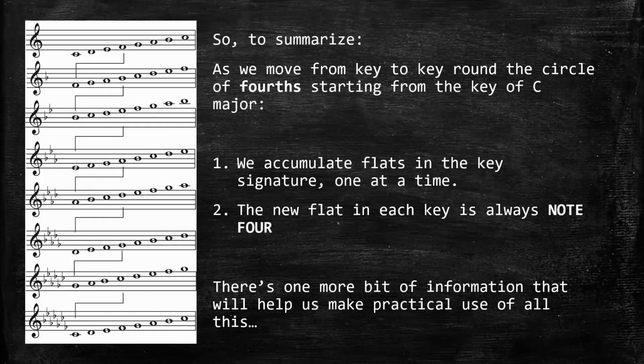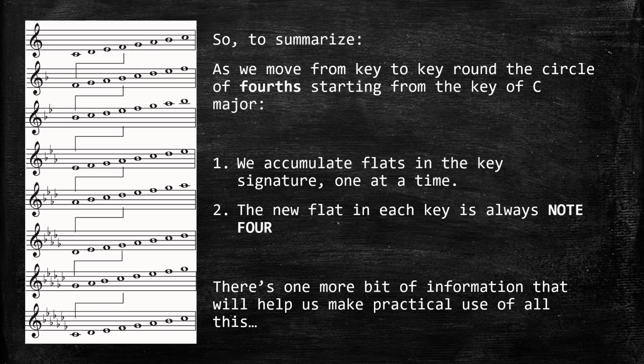So, to summarise, as we move from key to key round the circle of fourths, starting from the key of C major, 1. We accumulate flats in the key signature, one at a time. 2. The new flat in each key is always note 4.